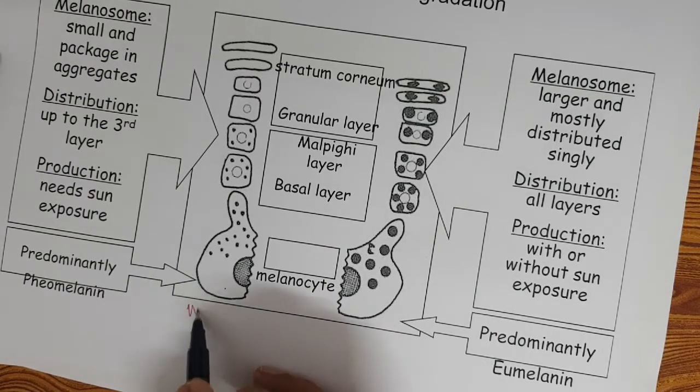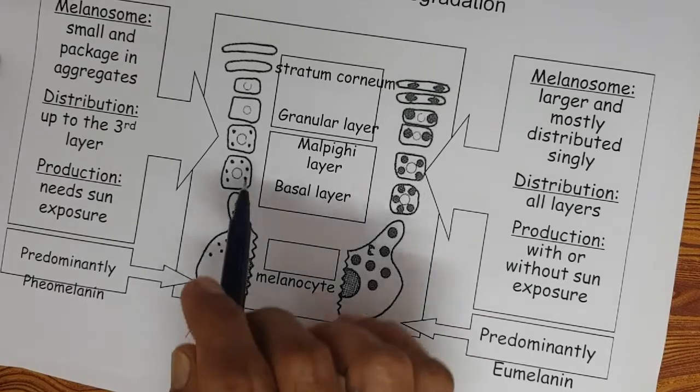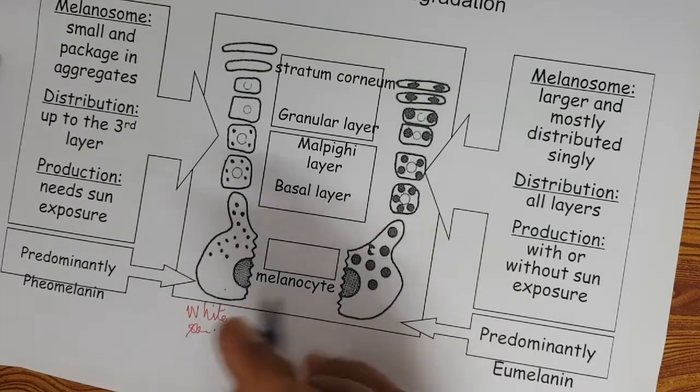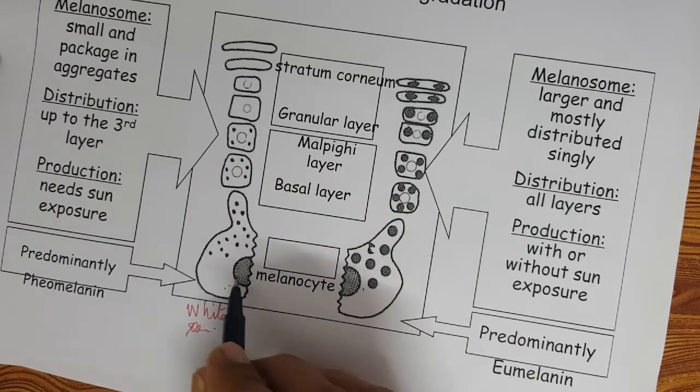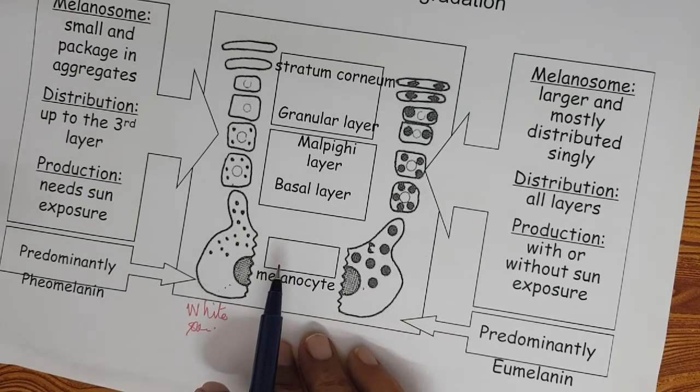I told you the melanosome is transferred from the melanocyte to keratinocyte cells, and the cells from the lower layer come up; it migrates.